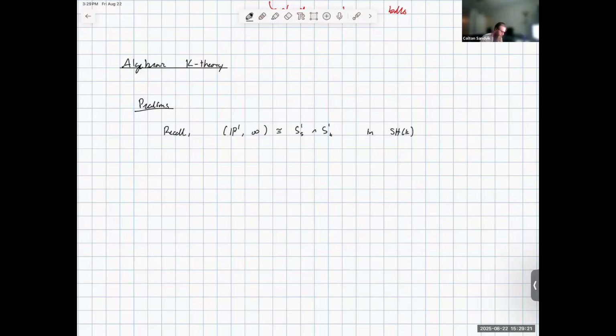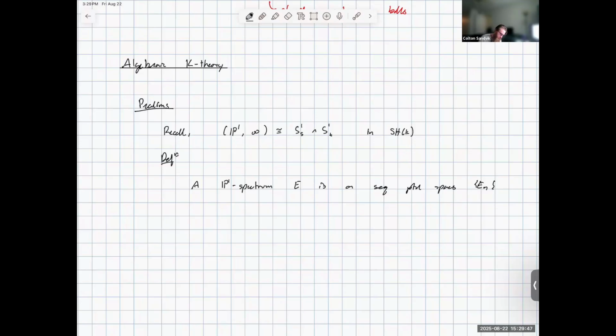This should make it so you can more or less freely define things like P1 spectra. So we can go ahead and write a quick definition. A P1 spectrum E is just the same thing that we have seen now probably a handful of times.